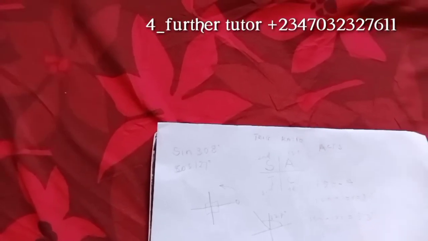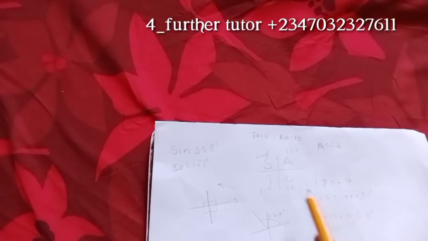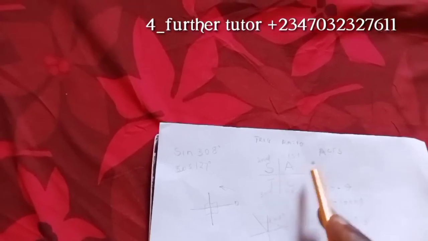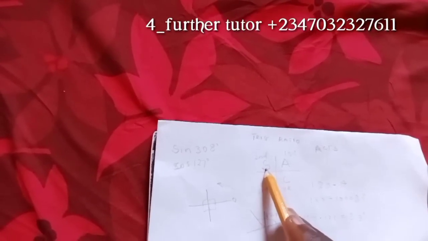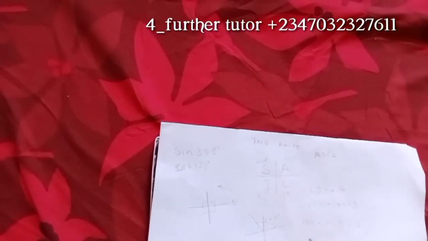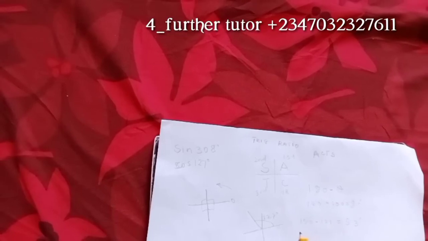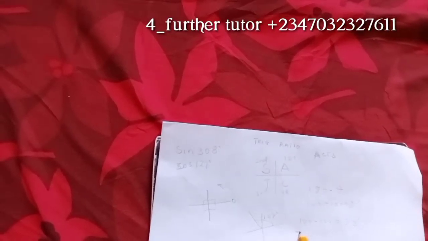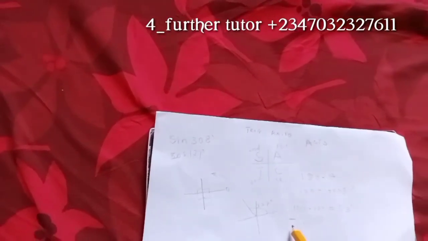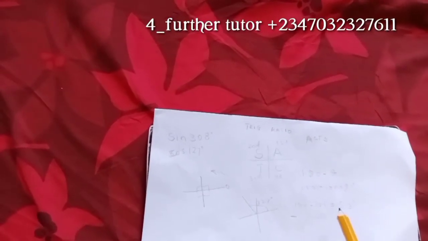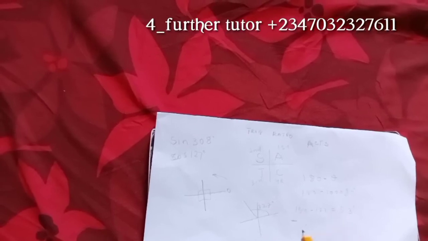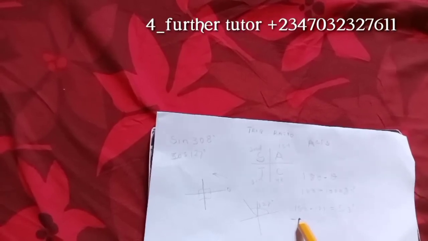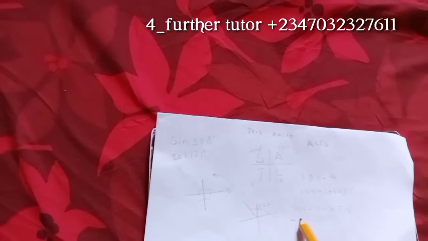So now I'll keep that aside. Then I'll go to my acronym, ACTS. What is second quadrant saying? Second quadrant is saying only sine is positive here. So which means because I'm having cos, cos is automatically negative. I'll just have it at the back of my mind. Then if I go to my four-figure table and find 53 degrees, I'll place the value I get here as minus that value.